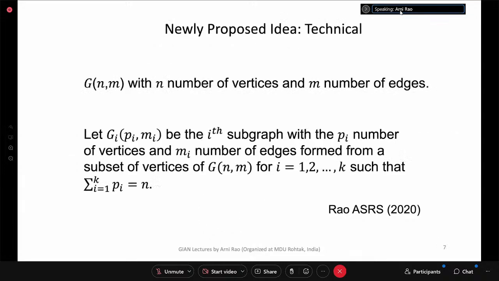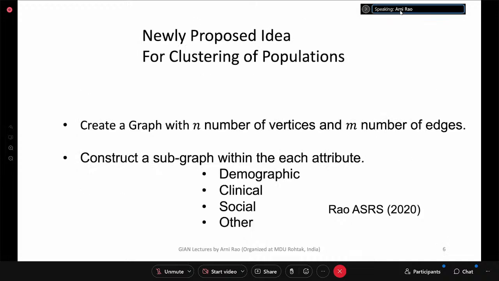And each vertex will have subgraphs. That means each vertex will have several attributes: demographic, clinical, social, and other factors. There could be many more. In fact, in the original article I included genetic factors, community factors, financial things, and economic status. Many things are incorporated. So we build a model with vertices and edges, and these edges depend on the network.